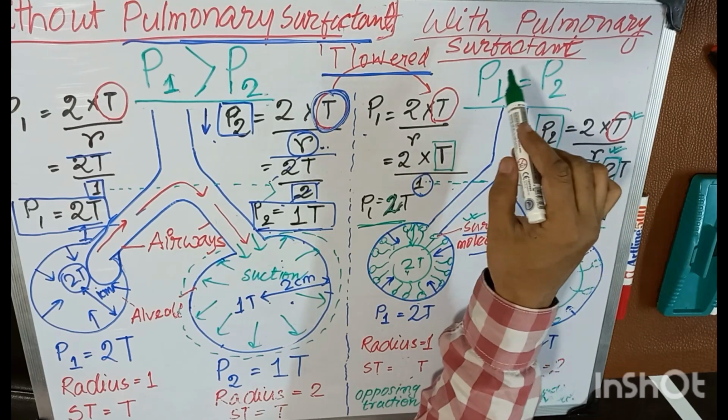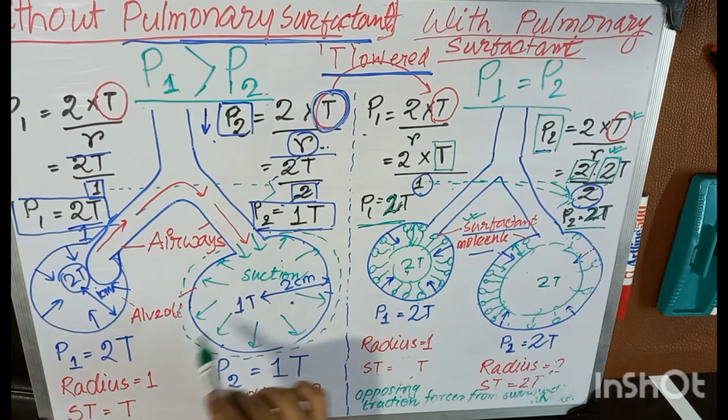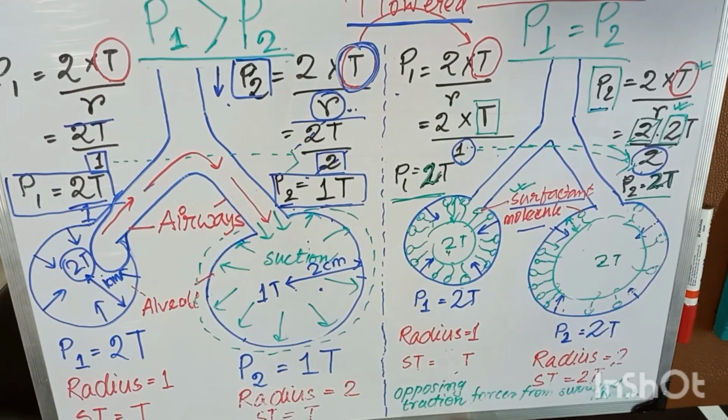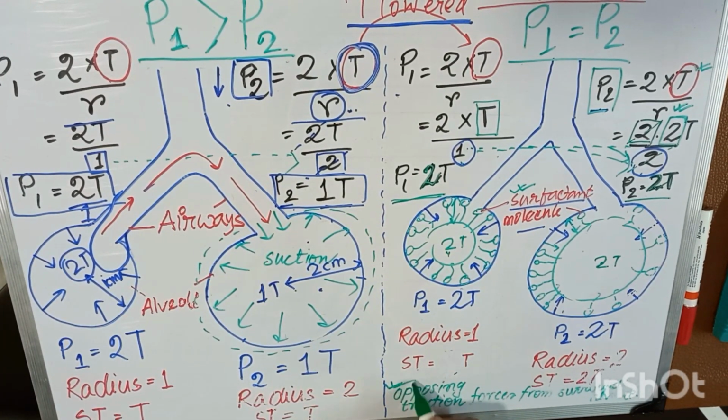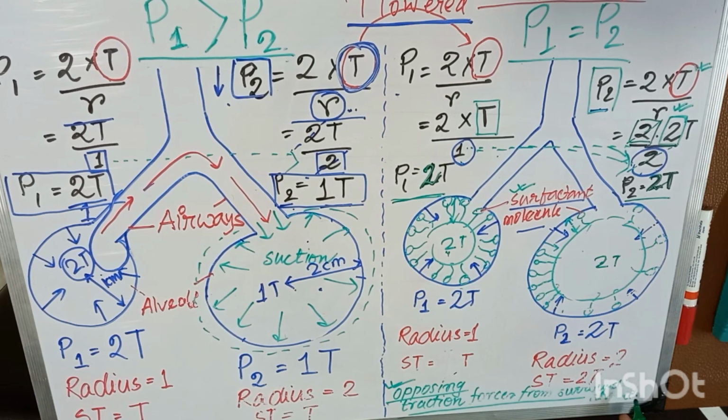I have just explained the mechanism of action with these two curves. Another thing that I have written out here is that there are opposing traction forces from the surrounding alveoli.